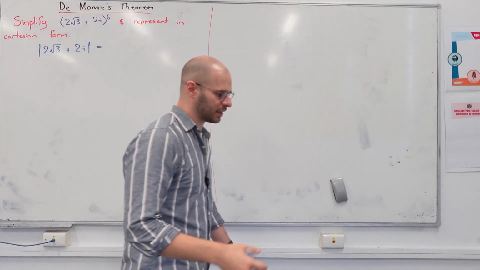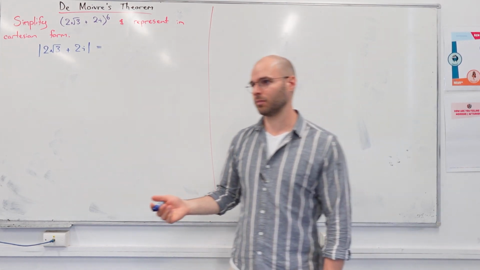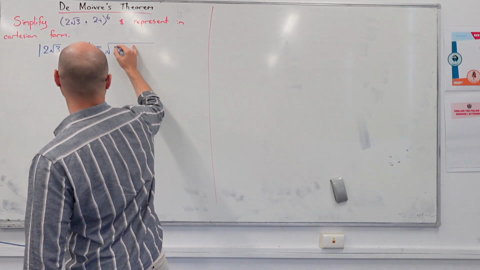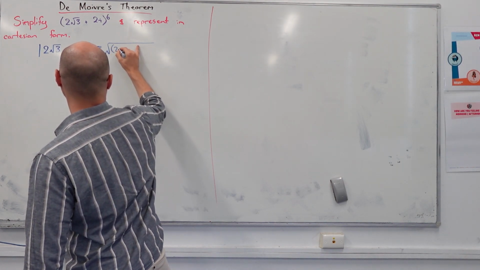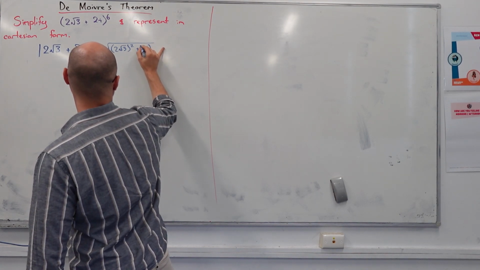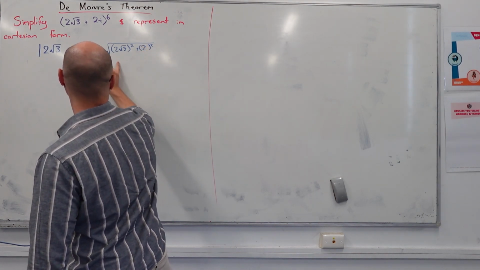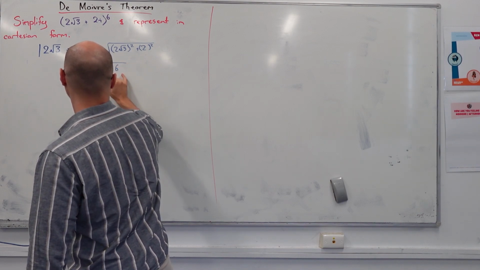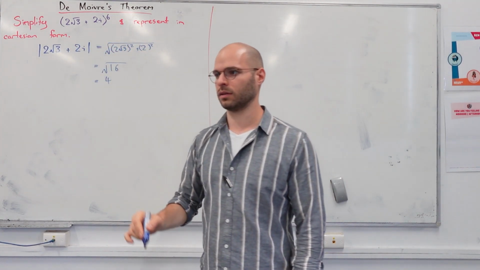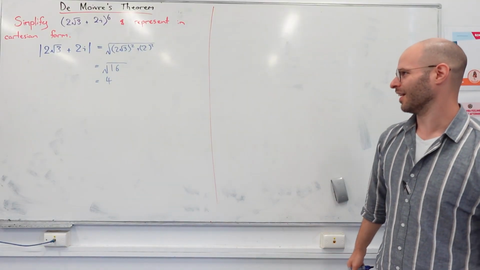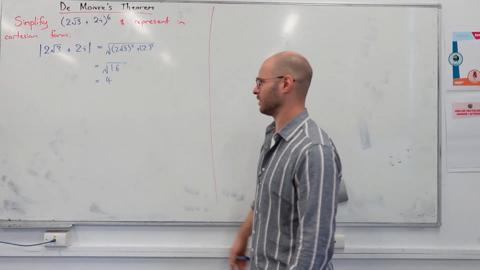Modulus of this is just get the real and the imaginary components and through Pythagoras' theorem get the length. So this is going to be 2 root 3 squared plus 2 squared, which is root 16, which is just 4. Alright, we've got the modulus here.